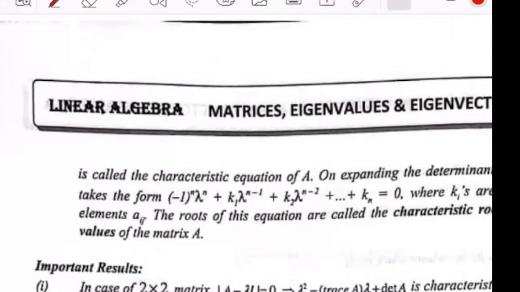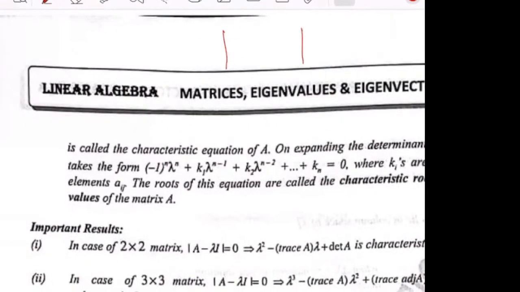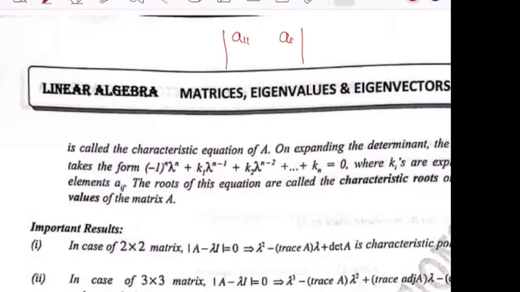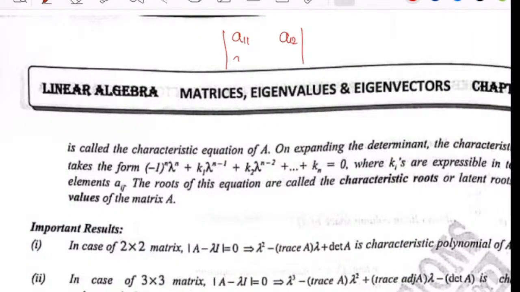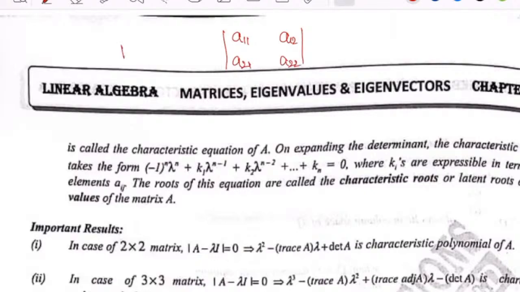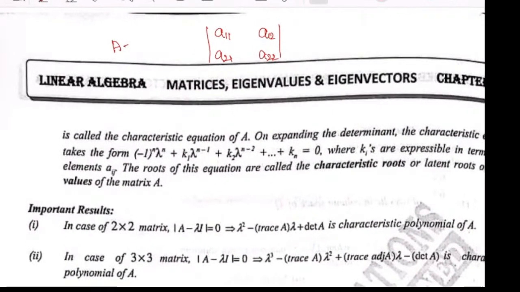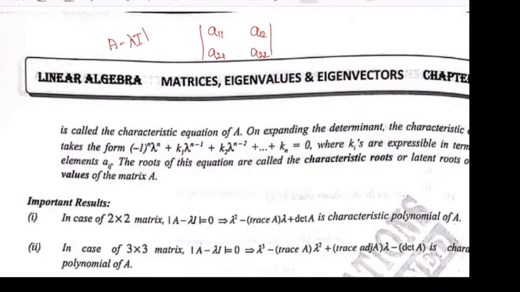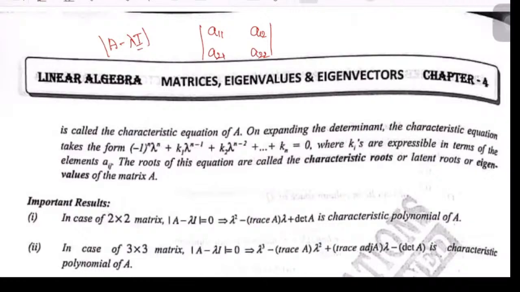On expanding the determinant, let us take a 2 by 2 matrix A with entries A11, A12, A21, A22. We are going to find the determinant of A minus lambda I, where I is the identity matrix. So A11 minus lambda, A22 minus lambda.